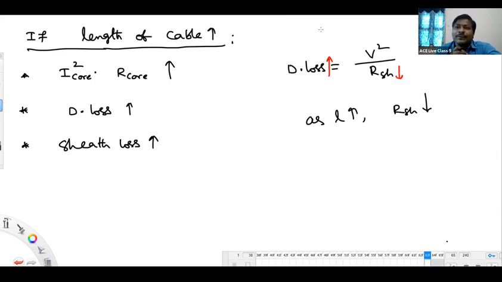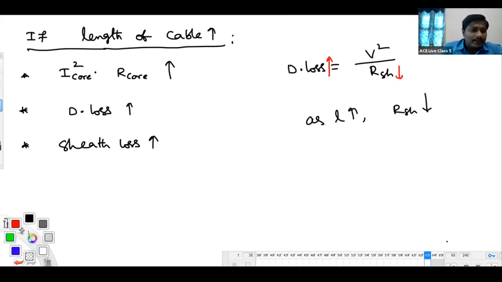Because of this much heat generation, there may be a possibility of thermal damage to the cable if the length of the cable is increasing. Beyond a certain length, we can't use a cable in view of thermal damage.